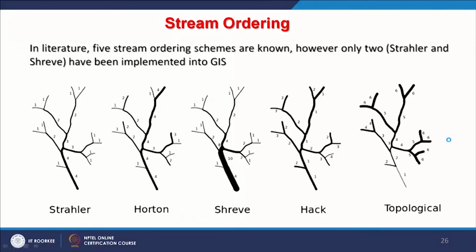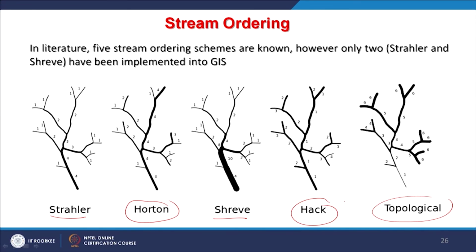Now stream ordering, as you can see, there are other methods also apart from Strahler and Shreve. Horton has worked a lot on this, because you have also seen the new algorithms for slope, aspect and other things. There is the Hack method, and of course a topological method that is based on topology.